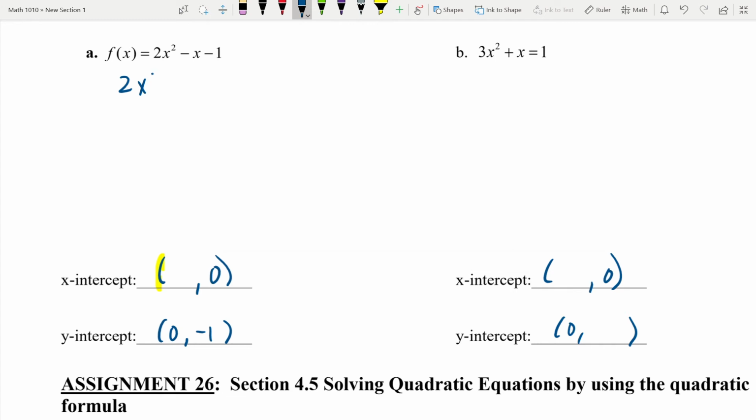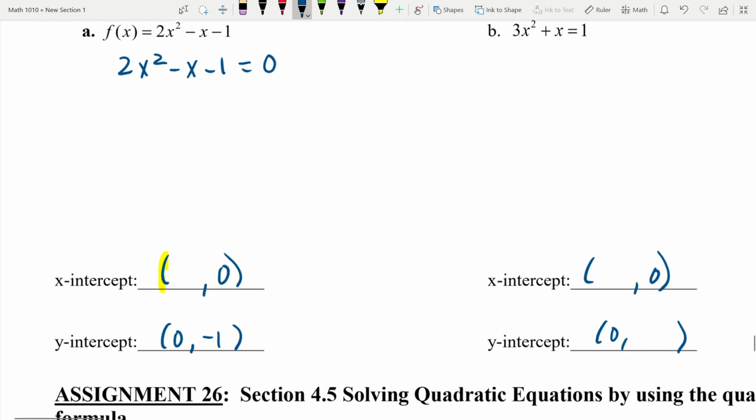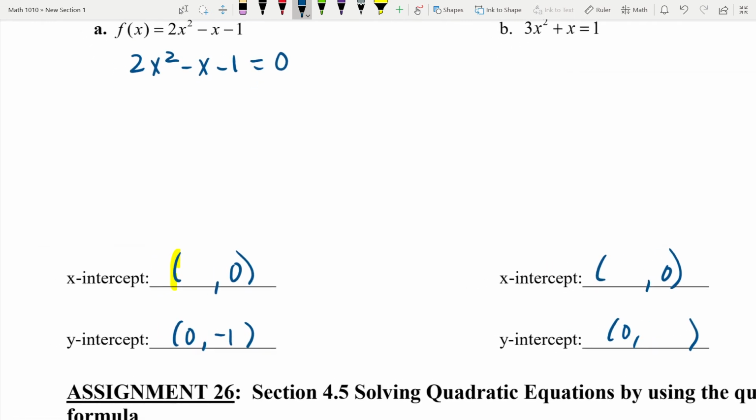Everybody go 2x squared minus x minus 1 equals 0. That doesn't look too tough, and it actually kind of looks like it might factor. So I'm going to try to factor before I go to quadratic. So I'm going to go 2x and plain x. Don't forget your equals 0. 1 and 1 are the only two things that multiply to give me 1.